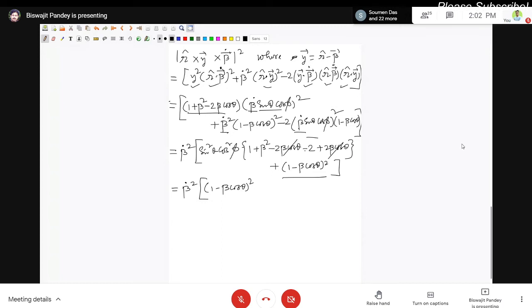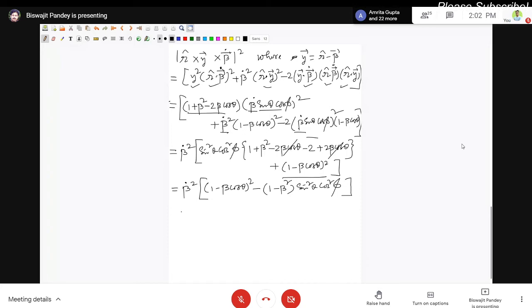I'm taking a minus common: 1 minus 2 is minus 1, so minus 1 is taken outside, and that becomes 1 minus beta square. And then we have this one, sine square theta cos square phi, right? This is the numerator of that expression, if you remember.